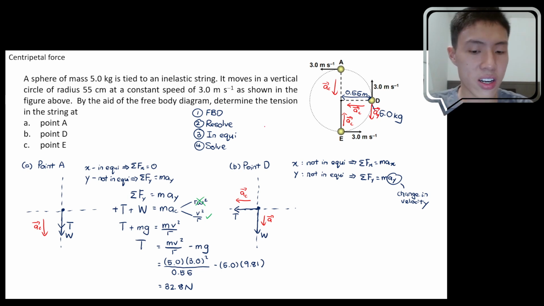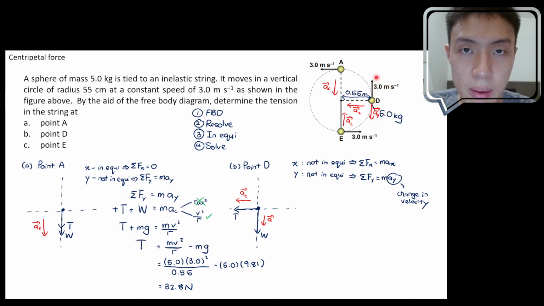If there is an ay pointing downwards, this means there's an acceleration pointing in the opposite direction to the velocity. The velocity is pointing upwards, but we have an acceleration pointing downwards.